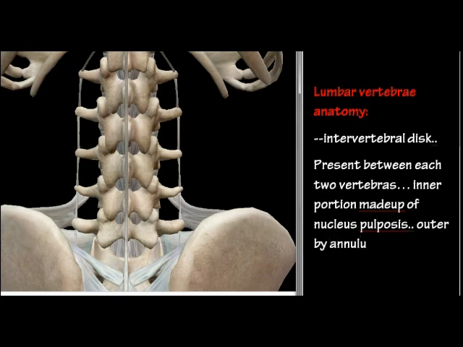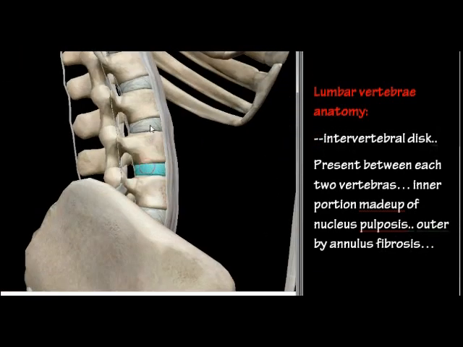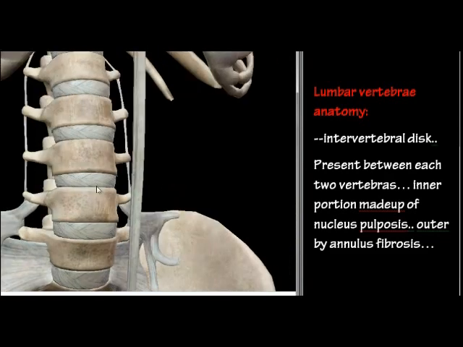The outer portion of the intervertebral disc is made up of annulus fibrosus. What we see is the intervertebral disc. Outer portion which we see is the annulus fibrosus.